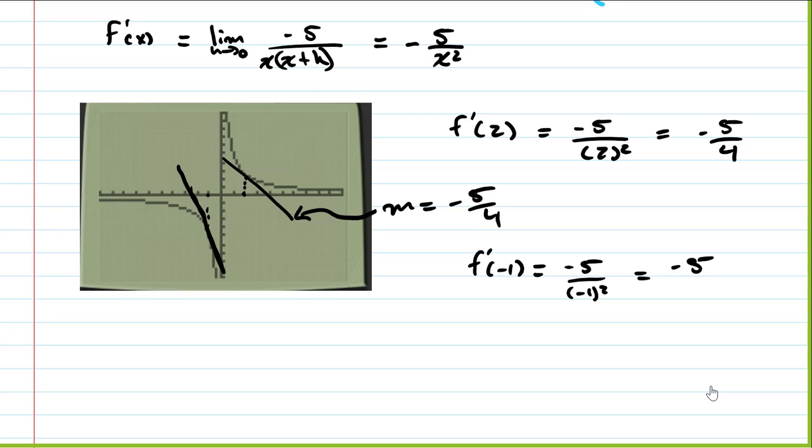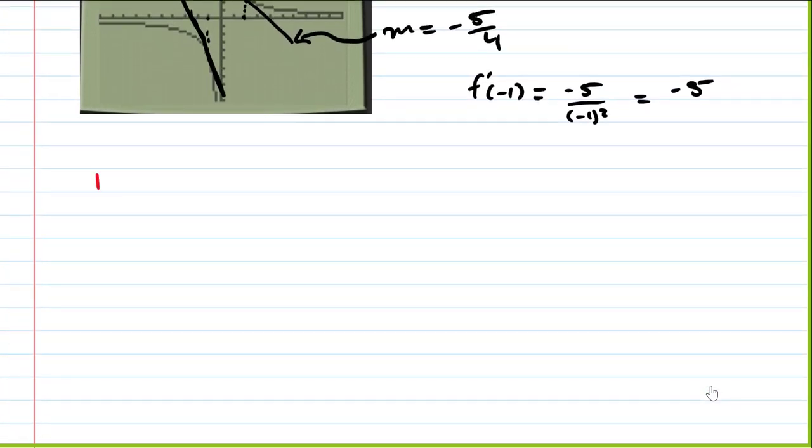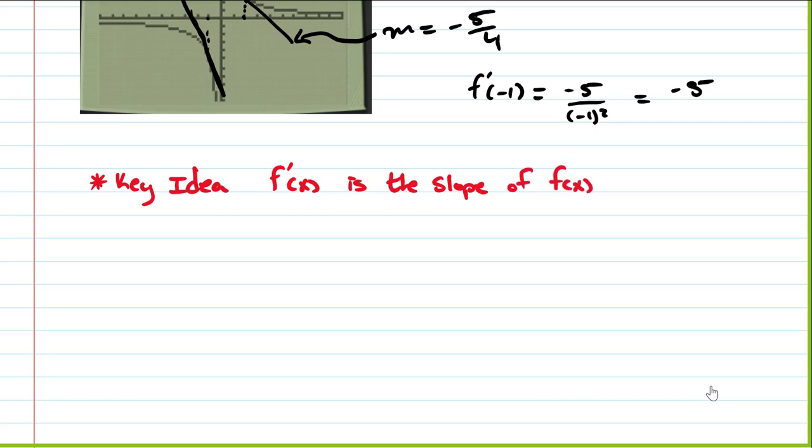So the big key idea here is the derivative represents the slope of f. f prime of x is the slope of f of x for each x in the domain.